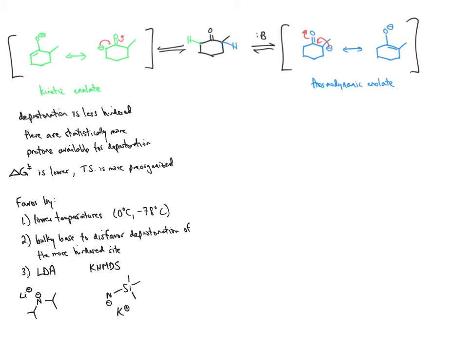It's got a TMS group off of the nitrogen instead. And so this is potassium hexamethyl disilazane, but you don't need to know that. And then LTMP, which has the following structure. So it's lithium tetramethyl piperidine. And these are all bulky bases that can be used to favor the kinetic enolate.